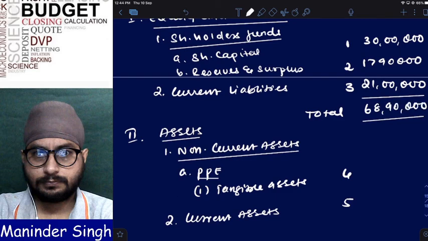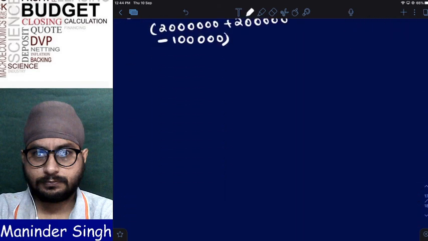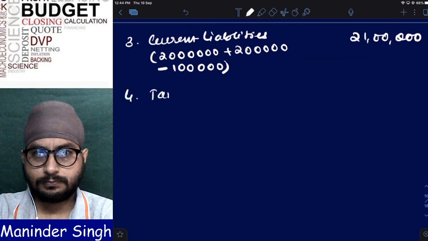Here 68 lakhs 90,000. Next, tangible assets, number 4. Clear? Tangible assets, how much do we have?